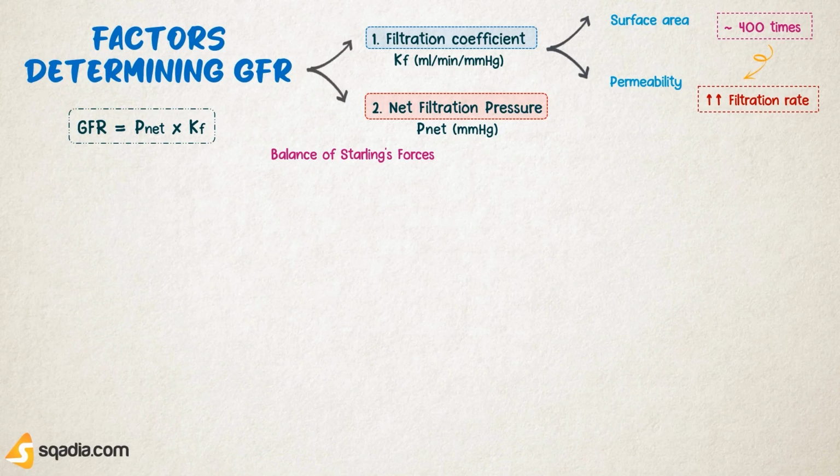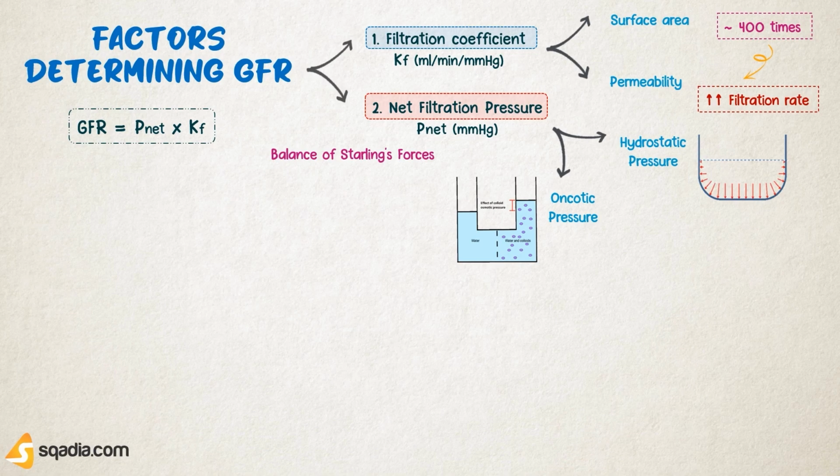Now, the two main components that determine this net filtration pressure are the hydrostatic pressure, which is the pressure exerted by fluid in a confined space, and the oncotic pressure, which is the osmotic pressure exerted by dissolved proteins and associated counterions.